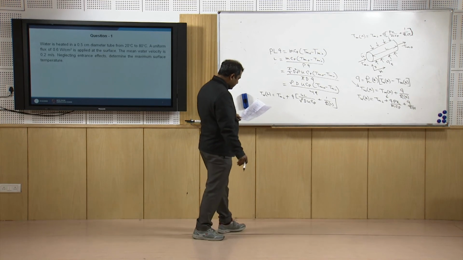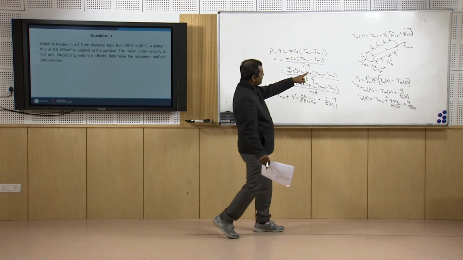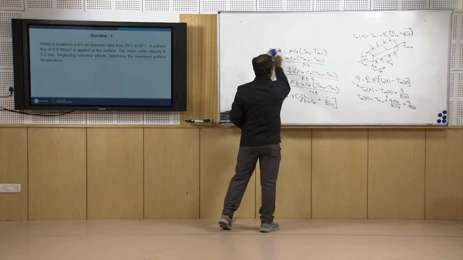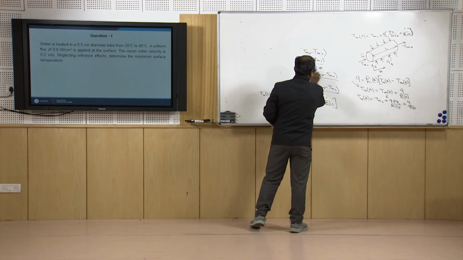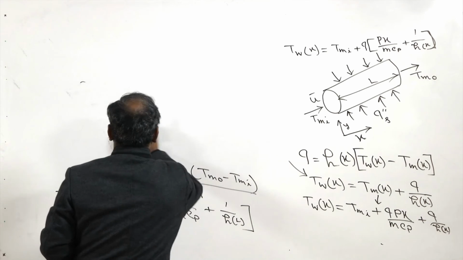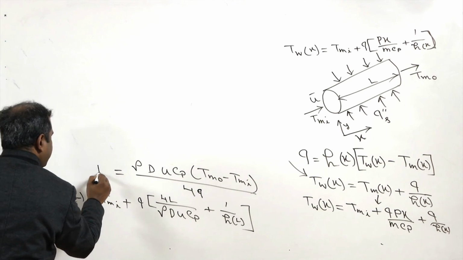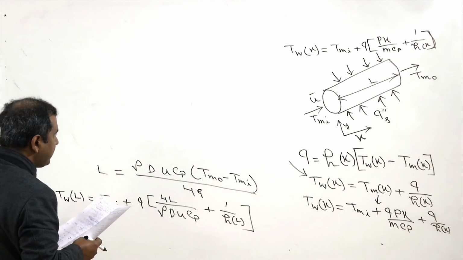Next, let us see what the Reynolds number is for this flow. To get the Reynolds number we have to get the properties. Let me keep these two final forms of the equation over here. So, this was L. Now we have to find the properties.